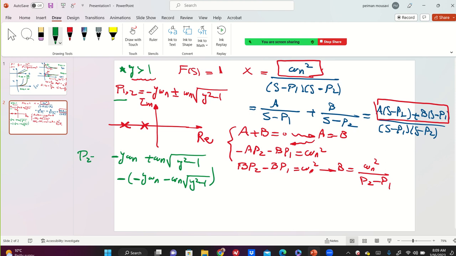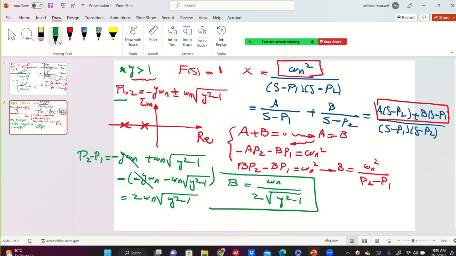This with this goes, and you get 2 omega n square root of zeta squared minus 1. So you get B as simply omega n over 2 square root of zeta squared minus 1. If you implement here, you get B from here.